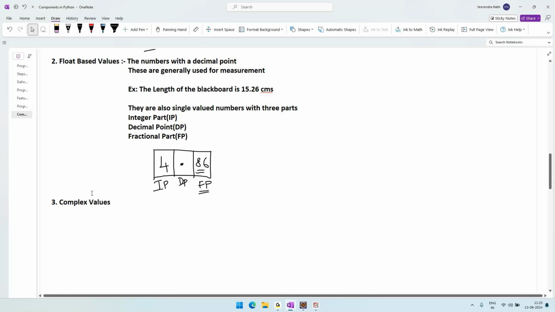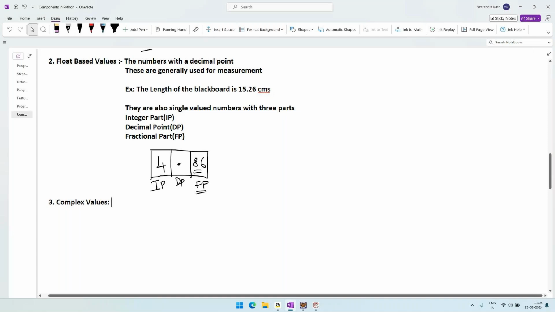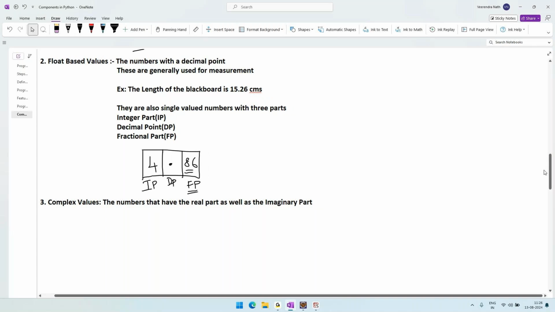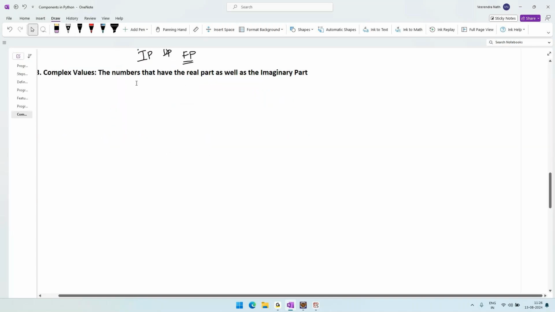Complex values are the numbers that have the real part as well as the imaginary part.